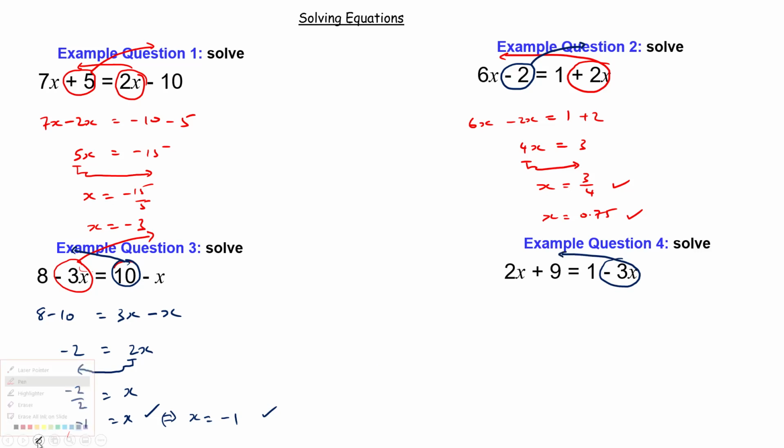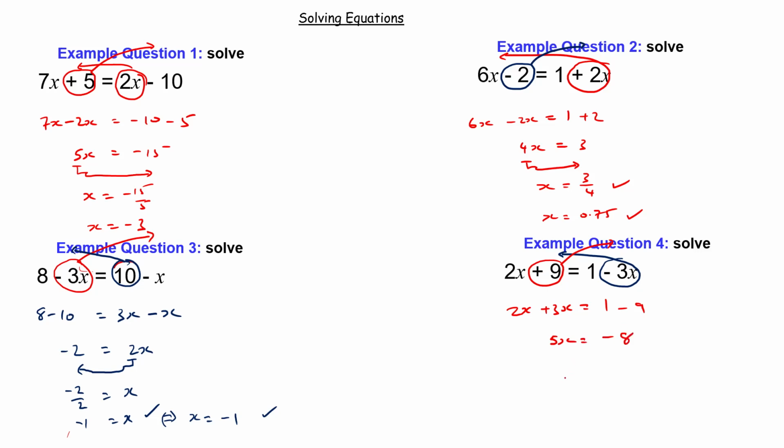At the same time, I'm going to put a bubble around my plus 9. When it crosses the equal sign, it becomes minus 9. So I've got 2x plus 3x is going to be equal to 1 minus 9. So 5x is equal to minus 8.